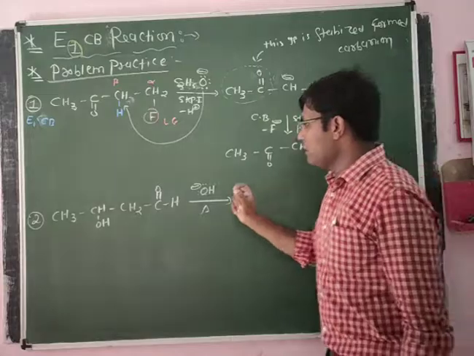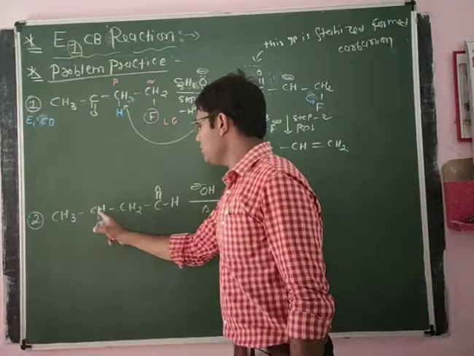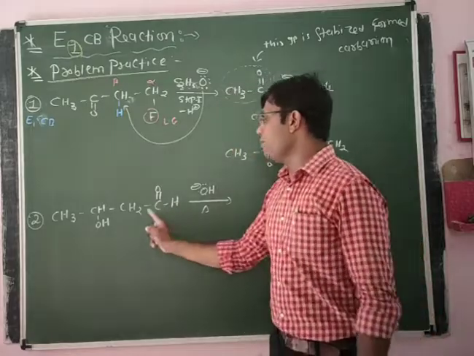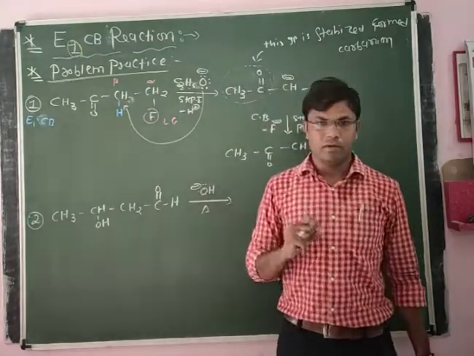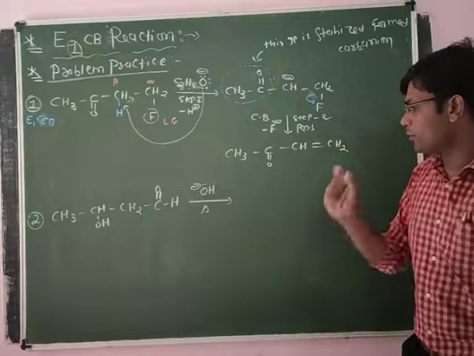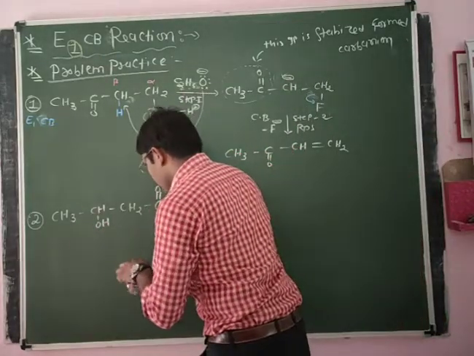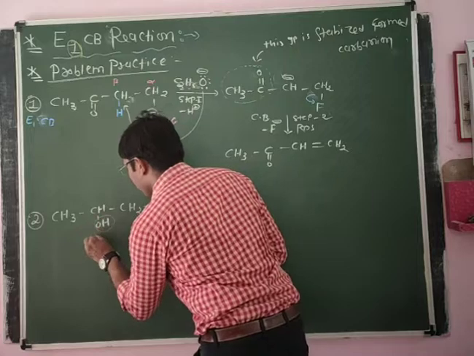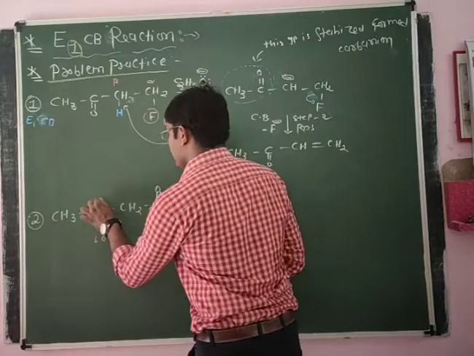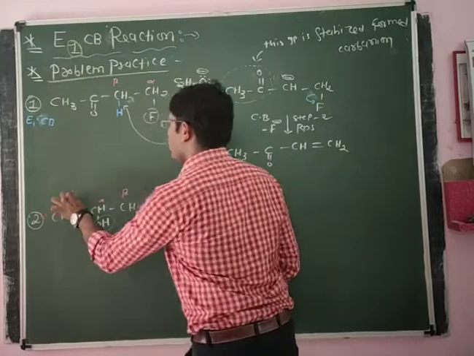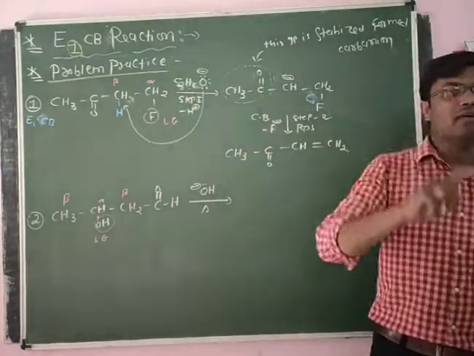Clear? Now the second example, CH3, CHOH, CH2, C double bond OH. It is one kind of beta hydroxy aldehyde. Clear? So the hydroxy group is the leaving group here, and this is our alpha carbon, and this one is beta, and this one is also beta. So there are two possibilities.